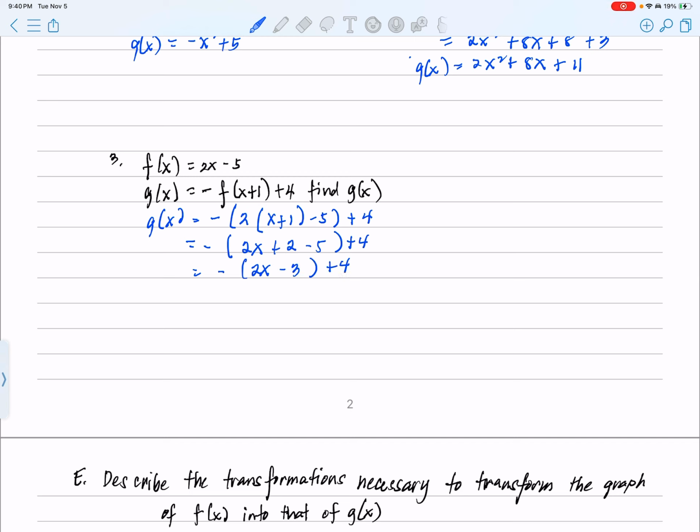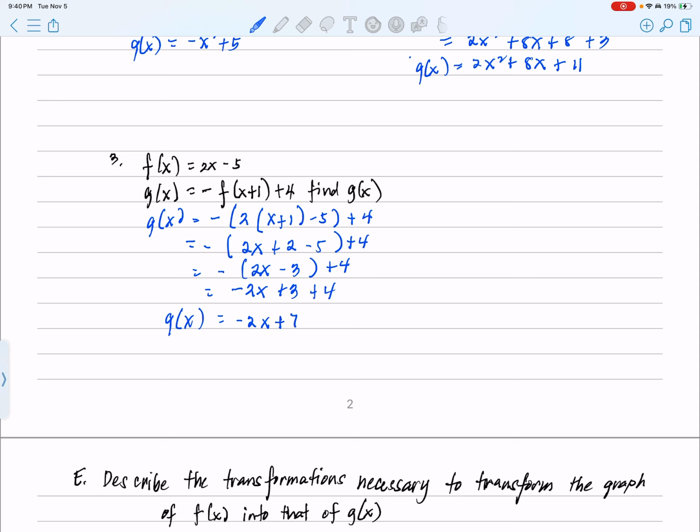The negative would become negative 2x, negative would become plus 3, plus 4. So the g of x would be negative 2x plus 7. All right. That's it.